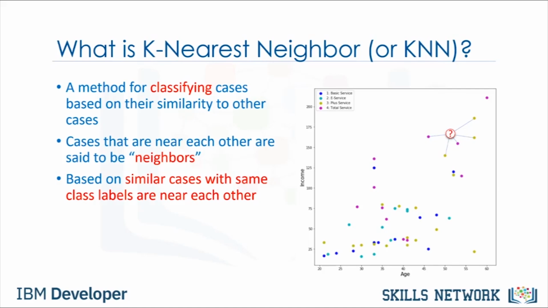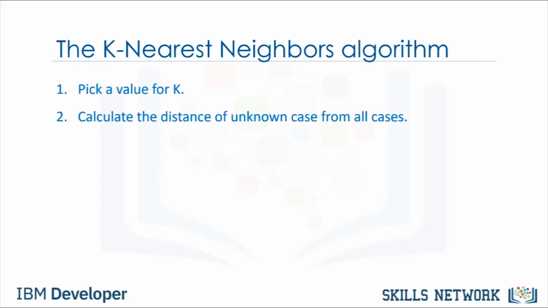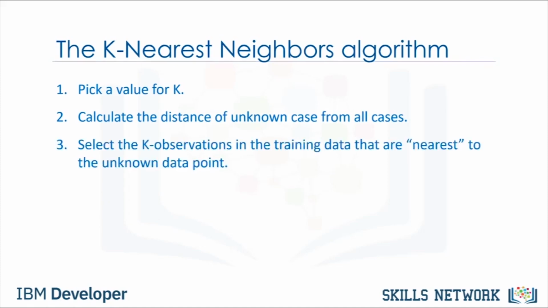Now, let's see how the k-nearest neighbors algorithm actually works. In a classification problem, the k-nearest neighbors algorithm works as follows. 1. Pick a value for k. 2. Calculate the distance from the new case held out from each of the cases in the dataset. 3. Search for the k observations in the training data that are nearest to the measurements of the unknown data point.